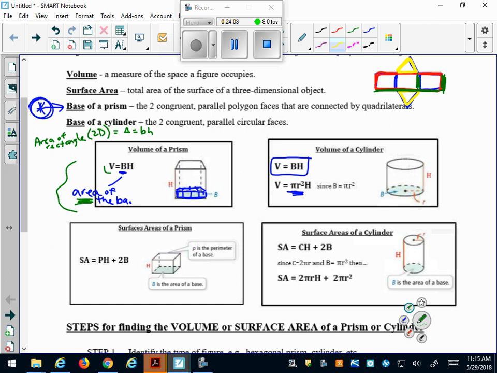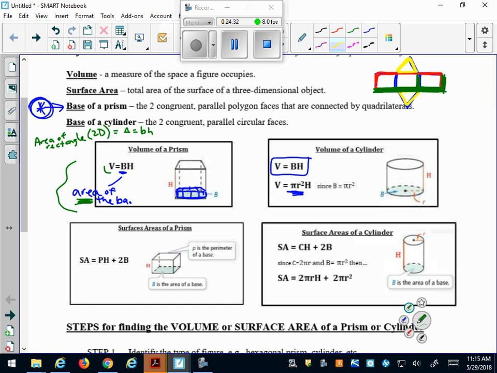Okay, the base of this rectangle, this length right here, if we look at this net here, the length of this rectangle wraps around the base.